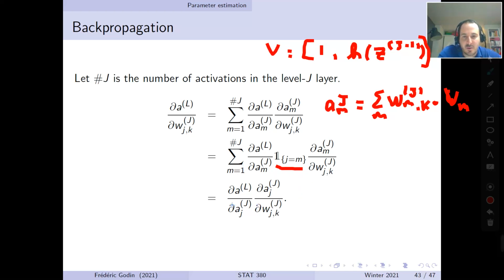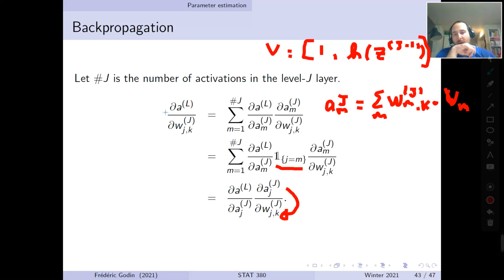So this becomes equal to the derivative of the last activation with respect to the jth activation of layer capital J, times the derivative of the jth activation with respect to w here.